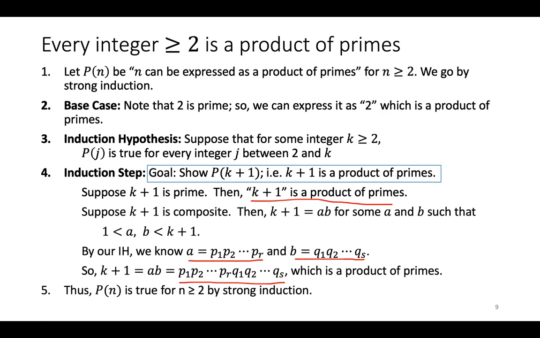So A is one of them, B is one of them. They are all products of primes. So if we multiply them together, product of primes A and product of primes B, so k plus 1 is A multiplied by B, that is definitely a product of primes. So P of n is true for all n greater than or equal to 2 by strong induction.